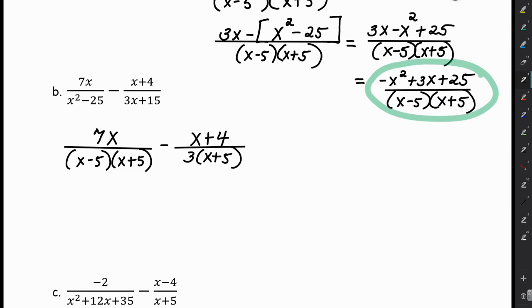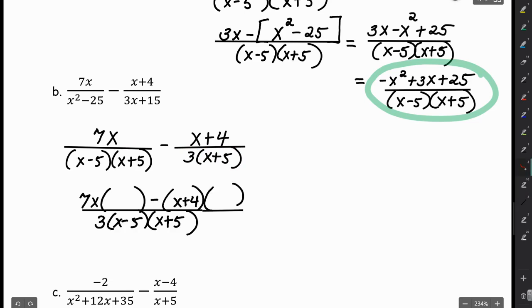Find our common denominator. In this case, we have x minus 5 once, so we need that. x plus 5 happens only once in either one. We'll need one of those, and we'll need 1, 3. Now we're going to compare what's extra here, 3. So 3 goes with our numerator.